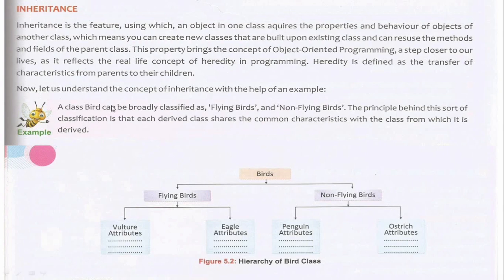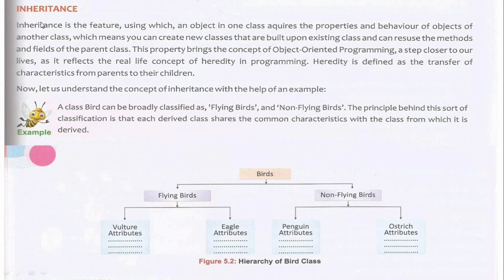So basically using inheritance, an object in one class acquires the properties and behaviors of objects of another class, which means you can create new classes that are built upon the existing class, and you can reuse the methods and fields of the parent class. So this reusability is acquired by inheritance.